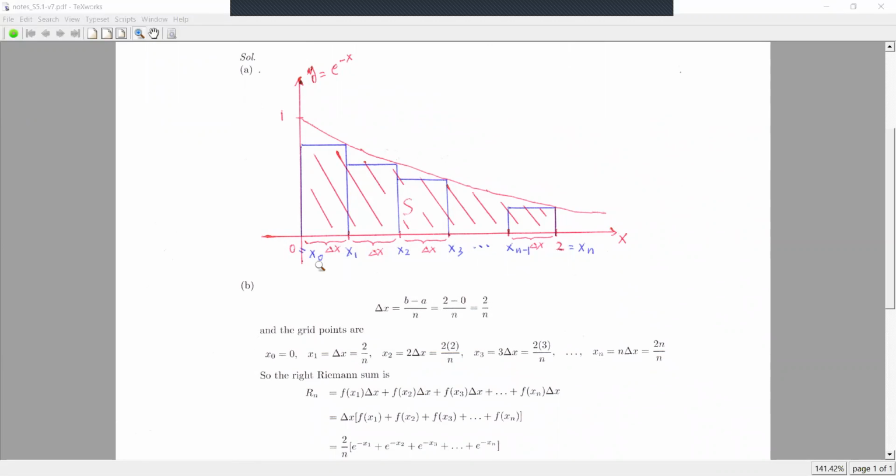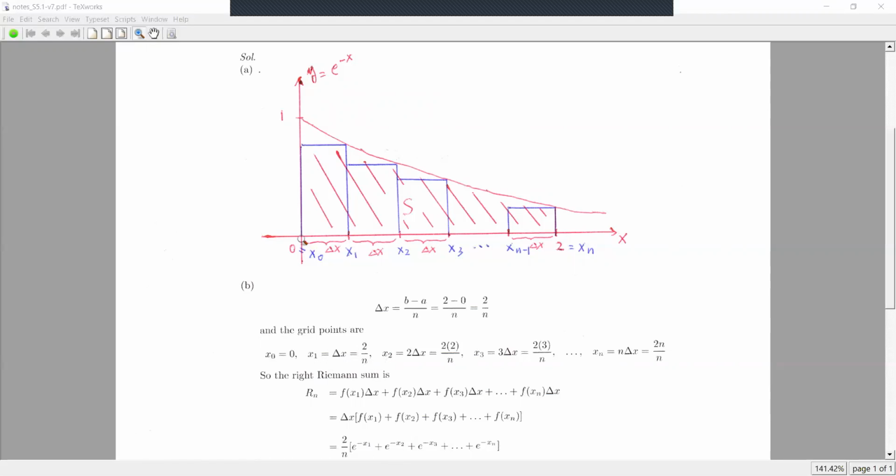The values for the cutting points: x0 is always the left endpoint of the interval. Now the interval is 0 to 2, so x0 is 0. Now x1, this distance is delta x, so x1 is delta x. Delta x is 2 over n, so x1 is 2 over n.